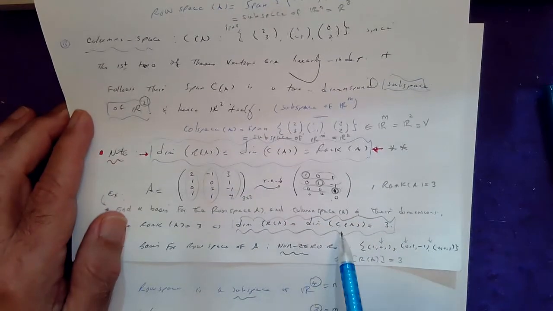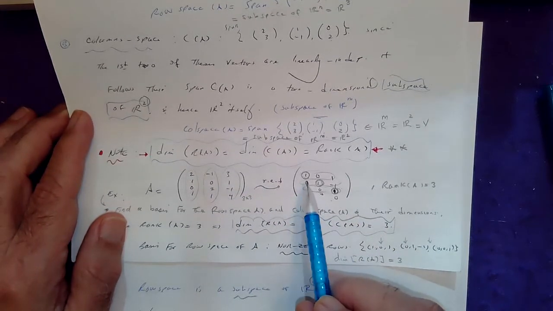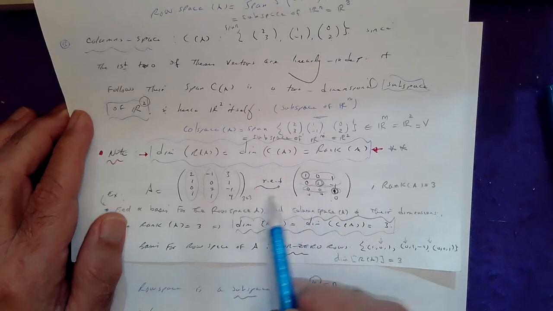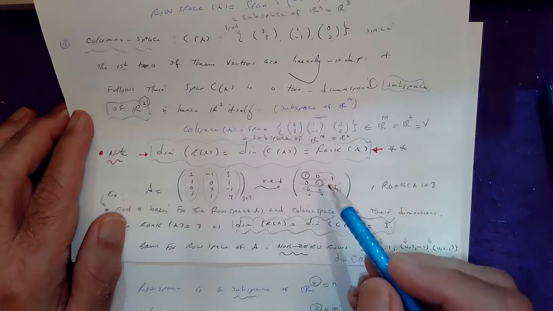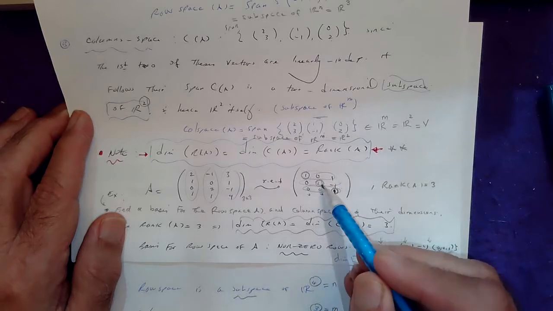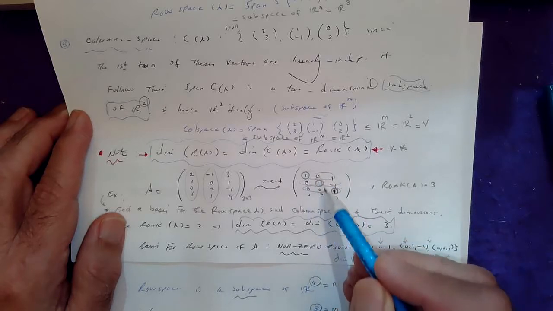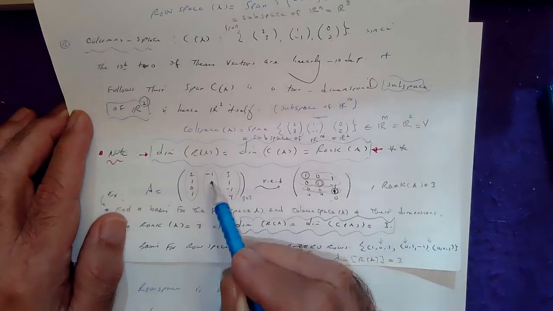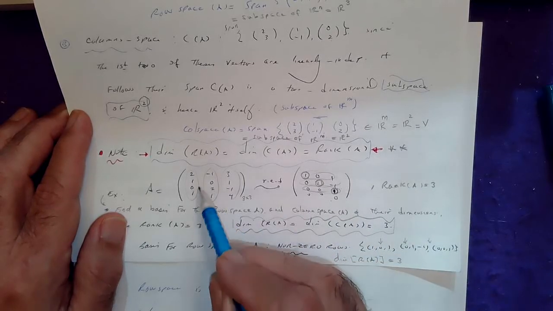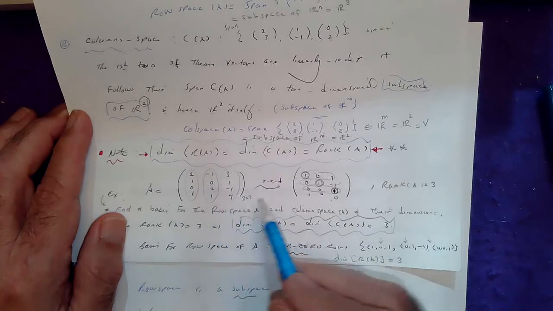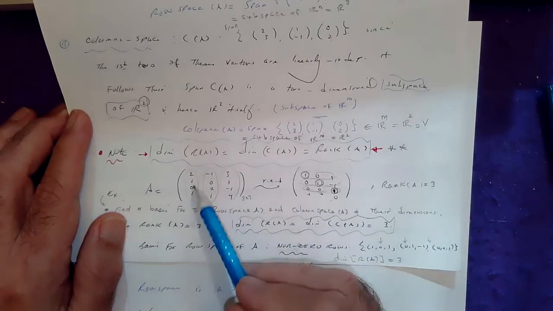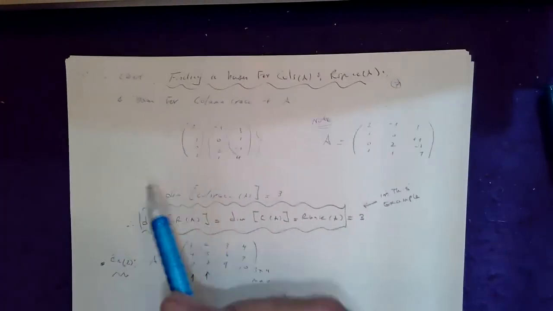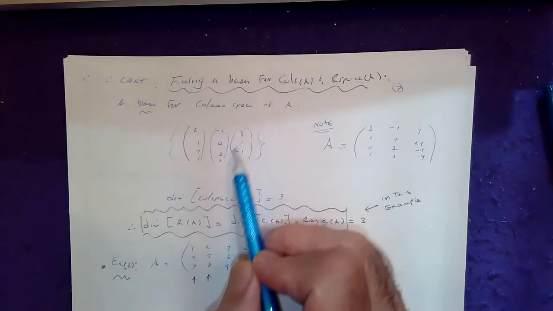So once again, for row space, we select the non-zero rows of the row echelon form of matrix A. For column space, we go to the row echelon form and see which columns have a leading 1. We go back to the original matrix and choose those corresponding columns. In this case, 1, 2 and 3 all have leading 1s, so we choose columns 1, 2 and 3 as our basis for column space.